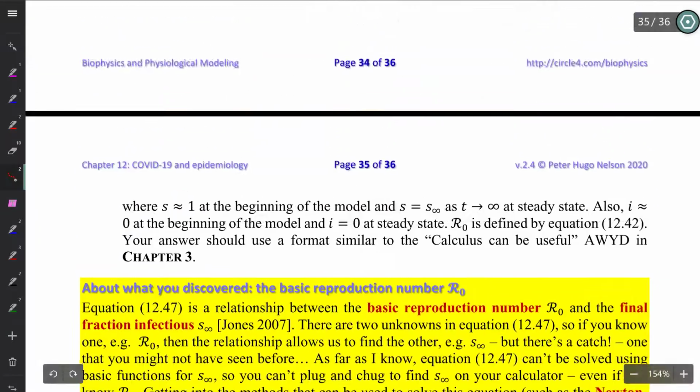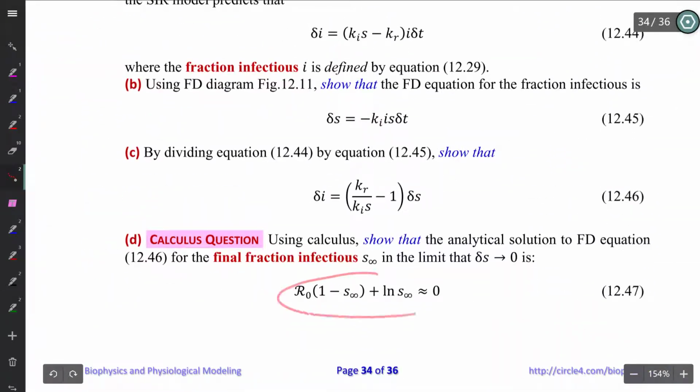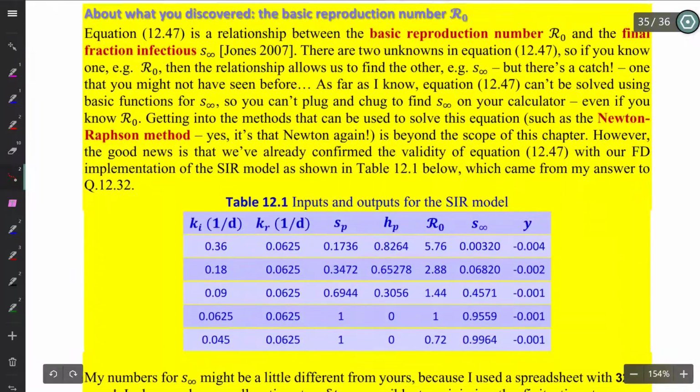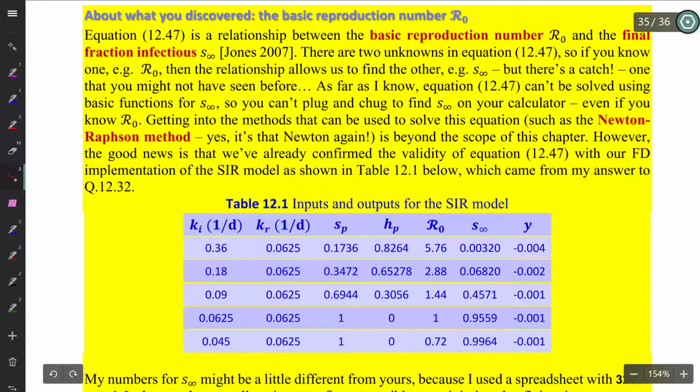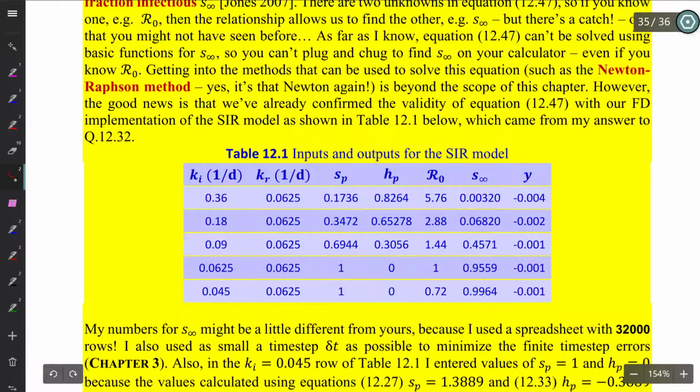It lets you figure out, using this equation, if you know R naught, you can find S infinity, but it's in this equation in two places, and as I mentioned here, there's no way to use algebra to solve for S infinity. So it's one of those things that in regular algebra classes, they kind of just make you think algebra can do anything, but there are some problems you can't solve using regular algebra.